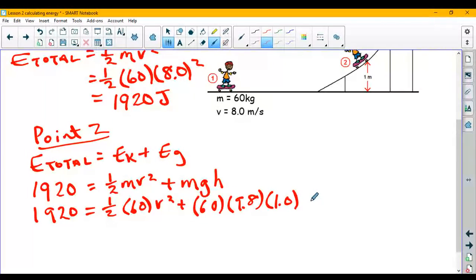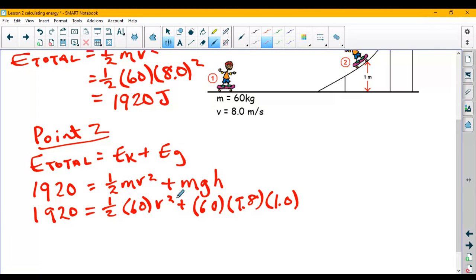And once I have that value, then I can find his velocity, right? His velocity is going to be very easy. So I'm going to divide by my mass, and then don't forget, you're going to have to take the square root, right? Because it's v squared, and I get 6.7 as my velocity.